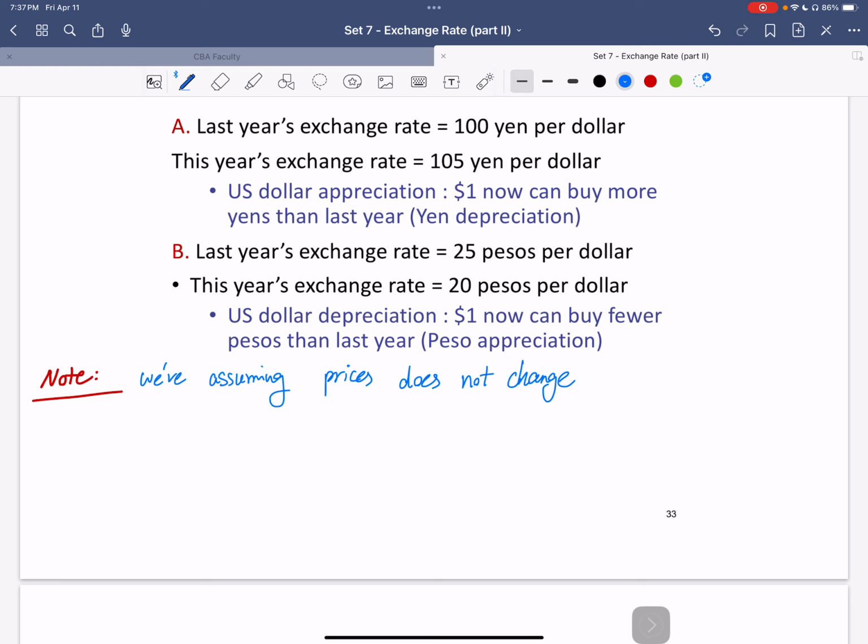We're going to discuss later why I'm assuming that the prices do not change here, because if they change, it will affect the results. Okay, we are assuming that the prices are not changing, so based on this, is appreciation, is depreciation good or bad?